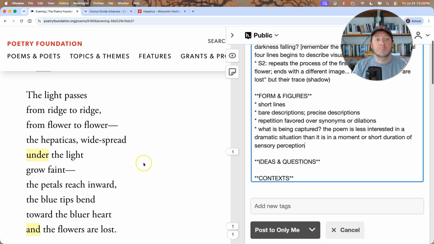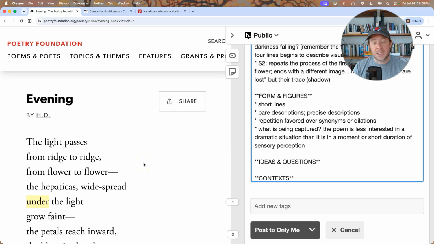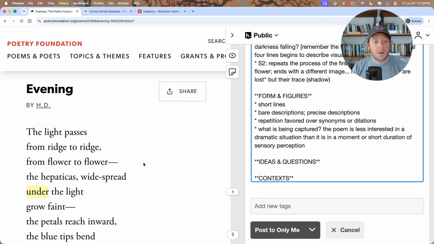And while this is not a painting, what HD is attempting through the written word, through poetic verse, is to try to capture a kind of momentary perception or sensation of evening.